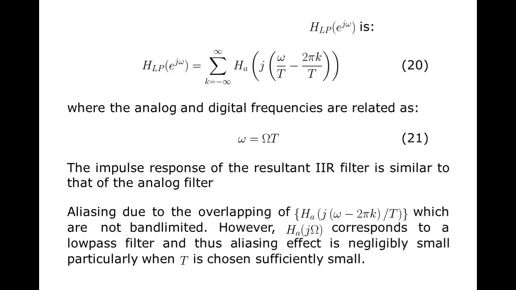So this method is generally useful to design the low pass filter with a small T, because otherwise aliasing will occur. It is not useful to design high pass and band stop filters, but it is generally used to design low pass and band pass filters with a small T.